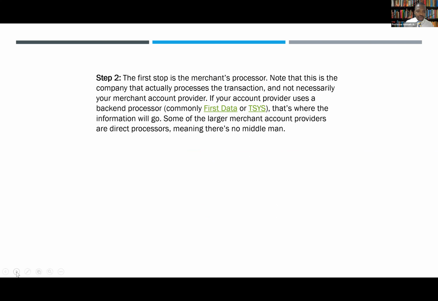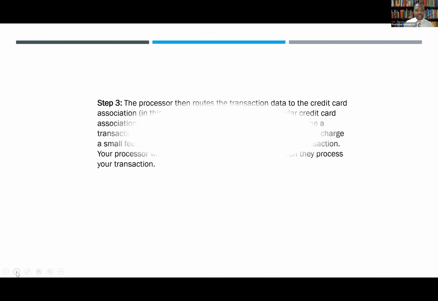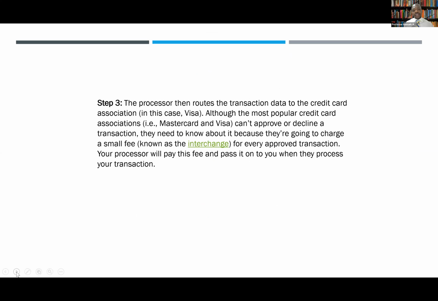Now we go to step number 3. Step number 3 is saying that the processor, right, then routes the transaction data to the credit card association, or let's say the company here.